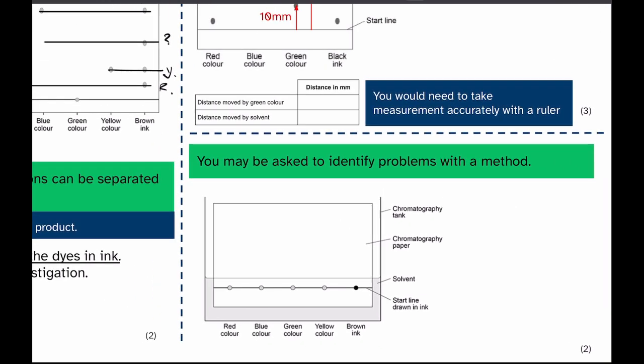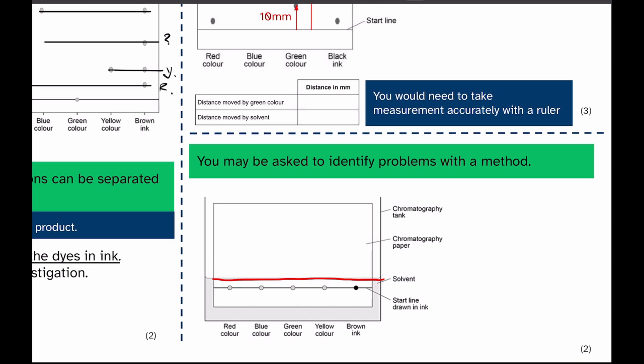And you might get asked to identify problems with this method. Always talking about problems. You can see here, this line here is the water line, or the solvent. The problem is, hopefully you're thinking about it right now, that the solvent is above the different colours at the start of the investigation.